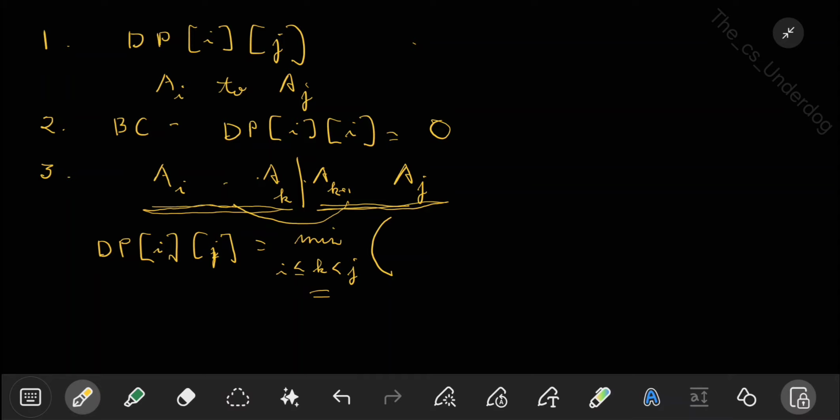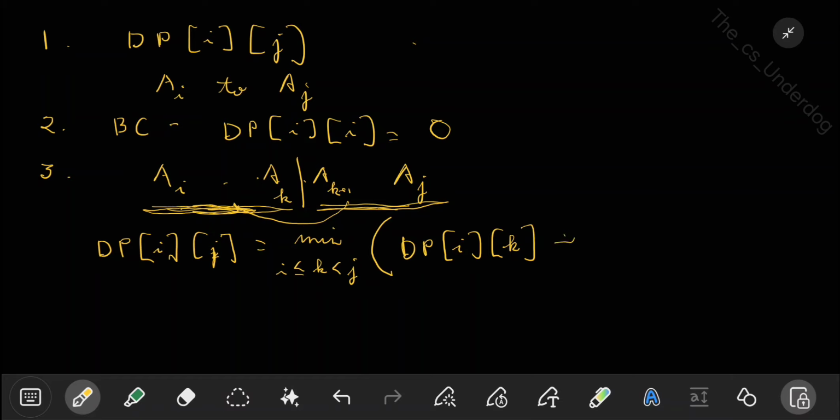So how can I write the left part? I would already have computed dp[i][k]. This is the beauty of dynamic programming. Here I am dividing it into smaller problems. If I want to find the answer for any particular split k, I would already have found the answer for smaller parts and stored it in this dp array.